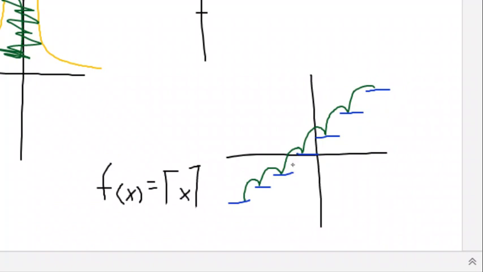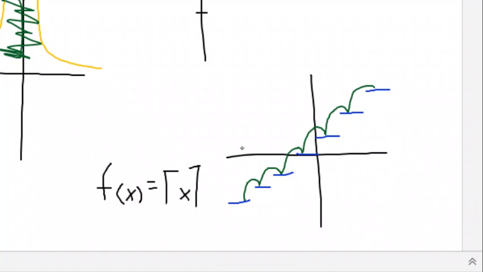So a jump discontinuity is one where there's a visible, obvious discontinuity, but the graph does not go to infinity on at least one side.